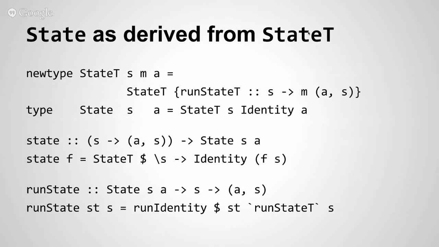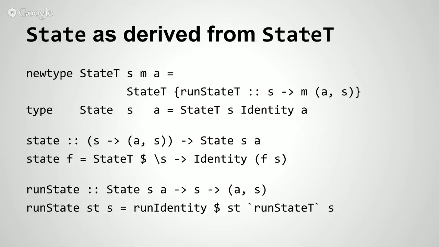So State is actually derived from StateT, which is the monad transformer. What actually exists in the monad transformer library is the StateT that's a wrapper around S arrow M of pair A S, where M is some monad, and State is just defined as the StateT transformer with an S applied to the Identity monad.